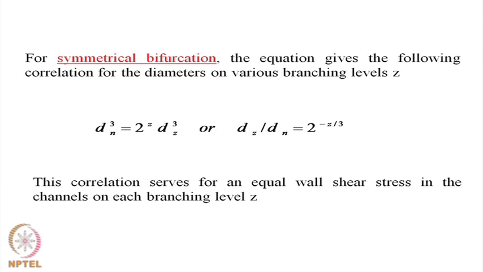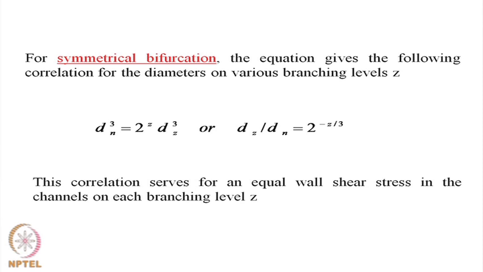So, the first equation is dn cube equal to 2 to the power z, when there are z number of bifurcations, times dz cube. Whenever there is any branching done on a system, it must follow Murray's law.